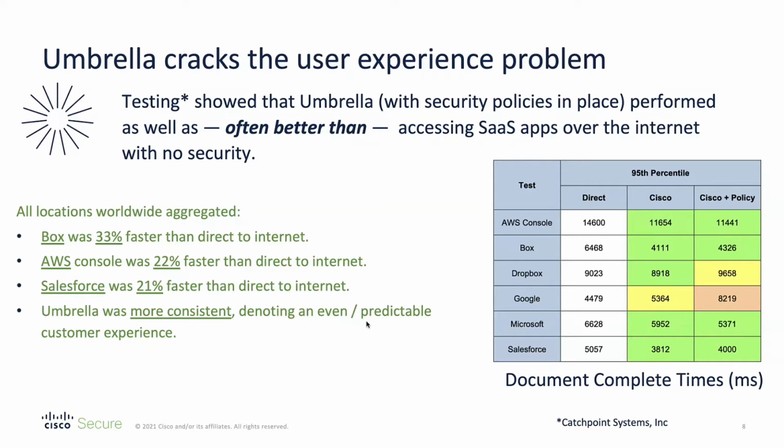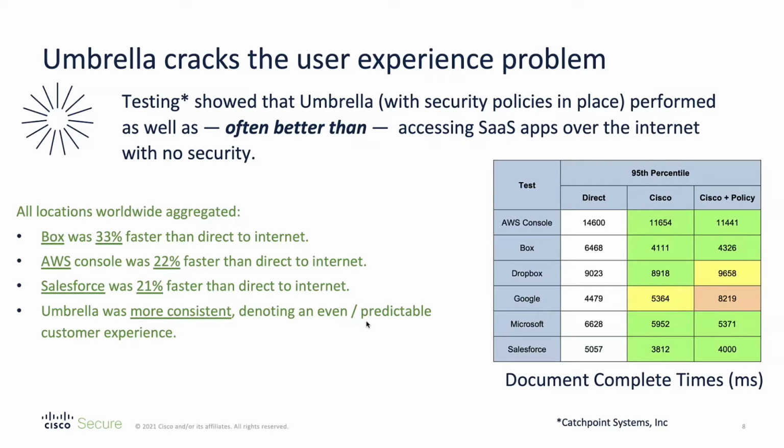Salesforce, 21%. And on top of that, it was way more consistent performance as well, versus just going direct. So the moral of the story here is that if you can get the traffic up into the cloud security stack, then it's our job from there to get it to the application the most consistent, effective, performant way possible.